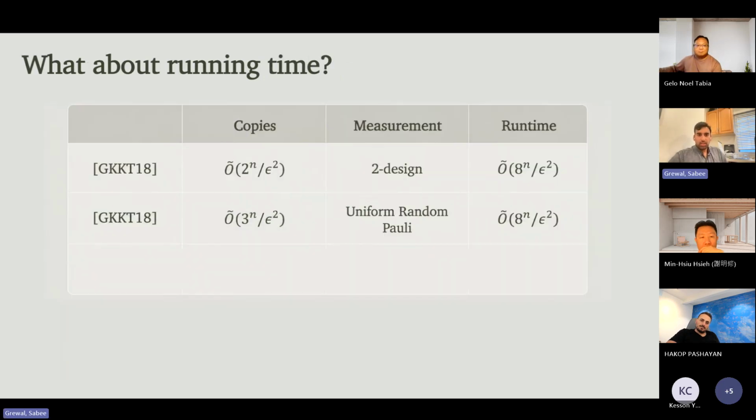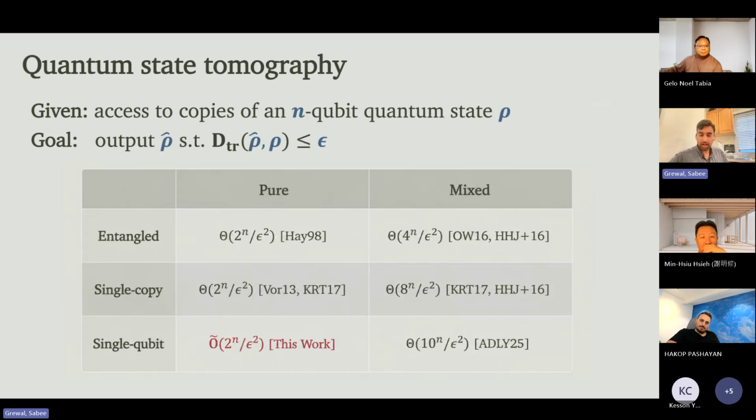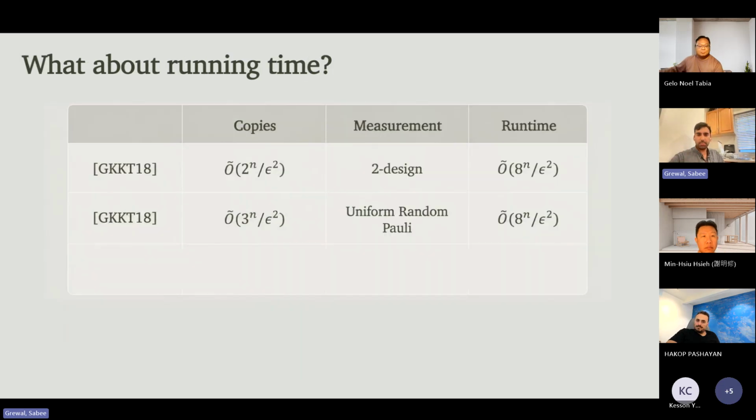Okay, so in this slide we talked about copy complexity, but you can also ask about running time. Just to highlight some previous work, GKKT18 gave a single qubit pure state tomography algorithm that used the suboptimal copy complexity of 3^n, and their running time was 8^n.